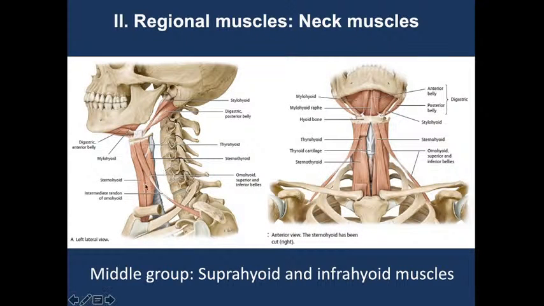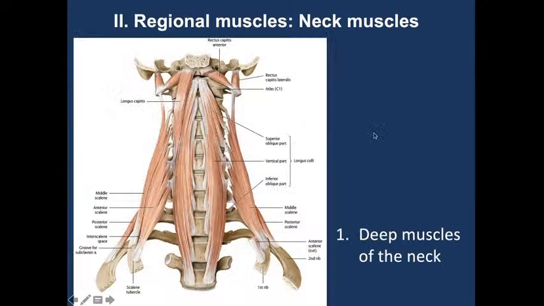And the second group is the middle group. We call them suprahyoid and infrahyoid muscles. They are attached to the hyoid bone. Here is the hyoid bone, the infrahyoid muscles and suprahyoid muscles. It is also visible on the front view.